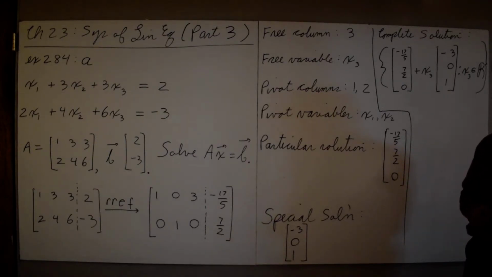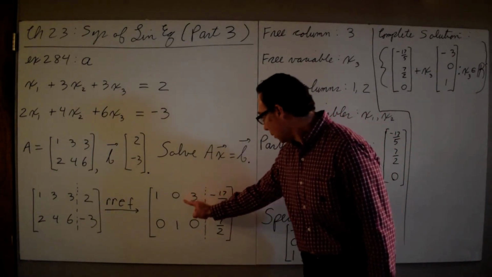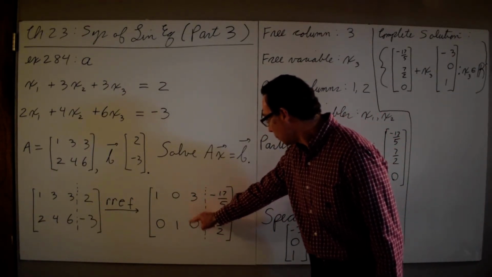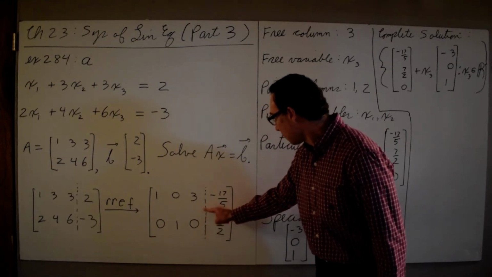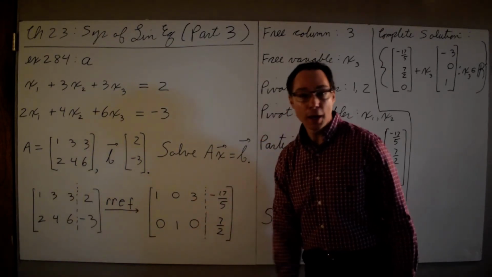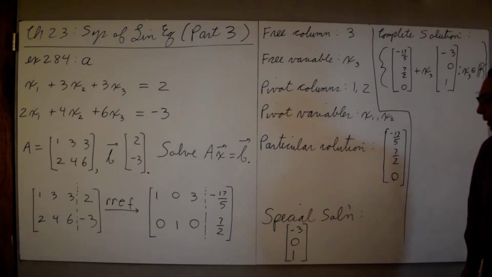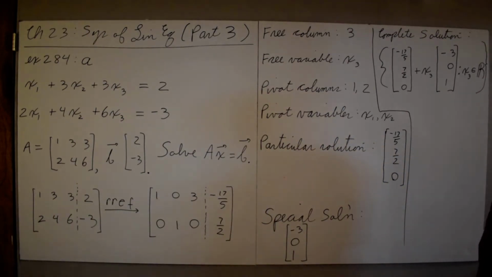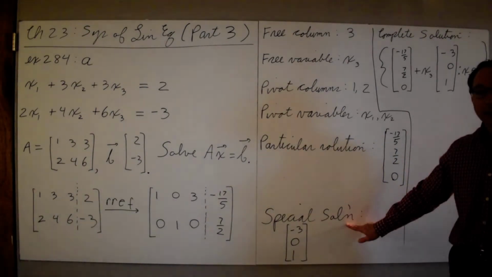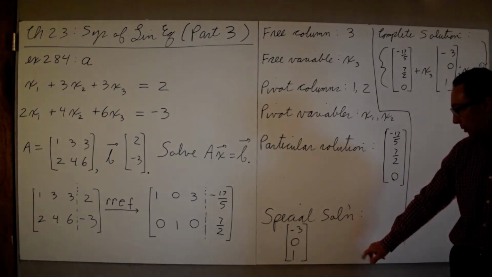That's a particular solution. Now, because our coefficient matrix, when we put it in reduced row echelon form, has a free column, that means the null space is non-trivial. So the special solution is a vector from the null space.